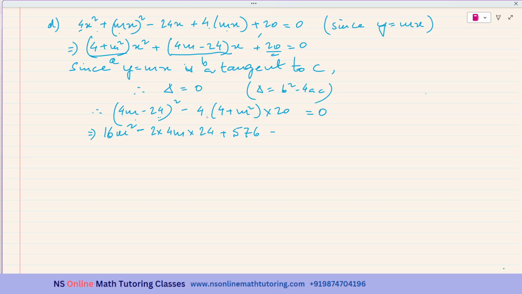Minus 4 times 20 is 80. 80 times 4 is 320. So minus 320. And this is minus 80m square, is equal to 0. Okay, fine.